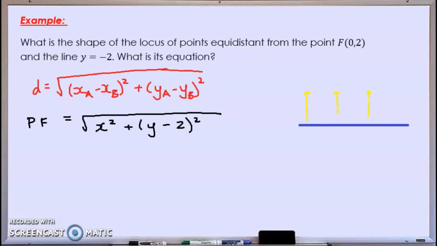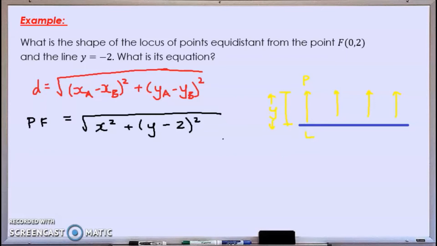And therefore, I don't need to worry about my x coordinates, because I know the x coordinate of my line and the x coordinate of my locus of points is going to be the same.